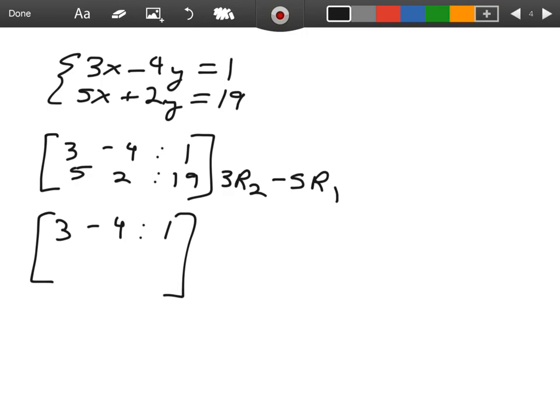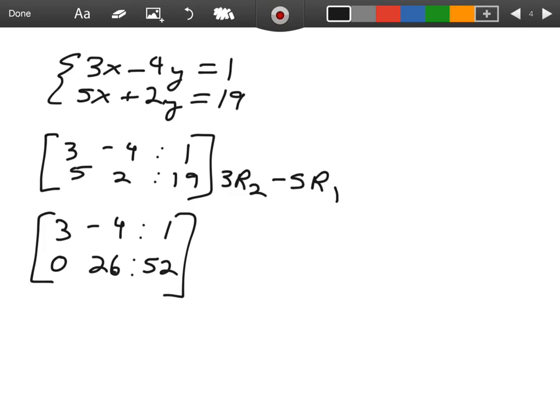So follow my steps: 3 times row 2 minus 5 times row 1, that's 15 minus 15, which is 0. Then I have 6 minus a negative 20, so that's plus 20, which is 26. Then we have 57 minus 5, which is 52.